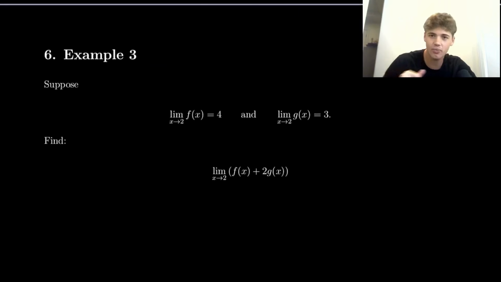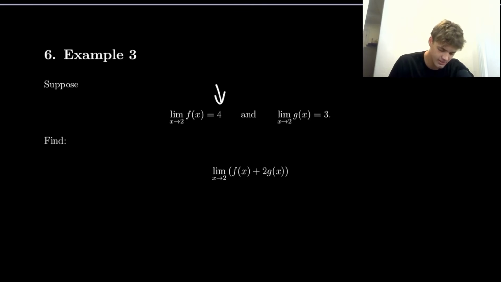All right, let's take a really quick example. f of x gets really close to 4 as x approaches 2. And as x approaches 2, g of x gets really close to 3. So we're trying to find this limit right here, but what we know is we can use the algebraic limit laws to make this a lot easier on us.